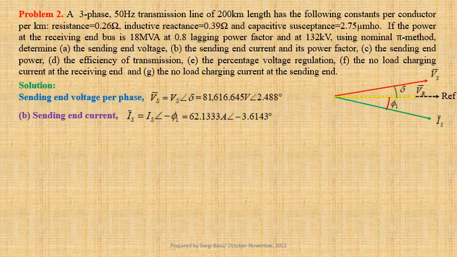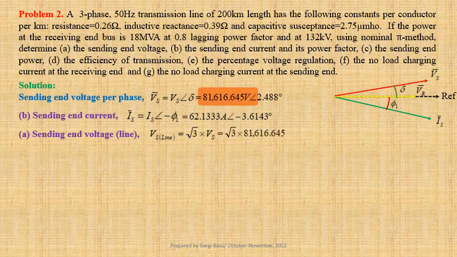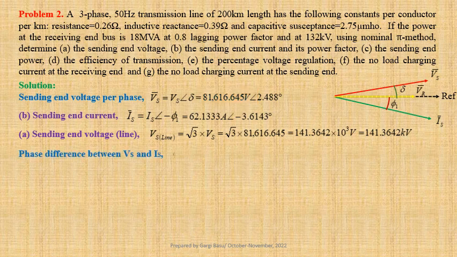For star connected system, line to line sending end voltage Vs line equals to root 3 times Vs, that is equal to root 3 into 81,616.645, that is equal to 141.3642 into 10 to the power 3 volts or 141.3642 kilovolt.